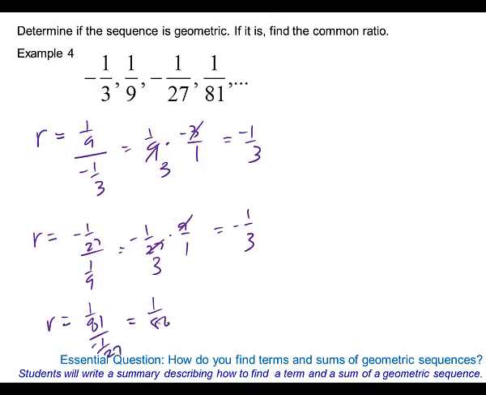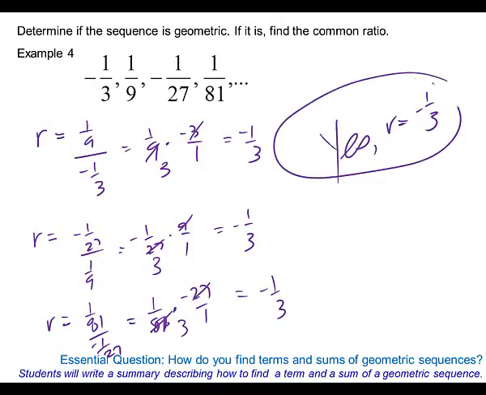So 1 over 81 times negative 27 over 1. How many times does 27 go into 81? 3. So what do you know? Negative 1/3. So did that one work? Yes. And the ratio is negative 1/3. Okay. We good with example 4?